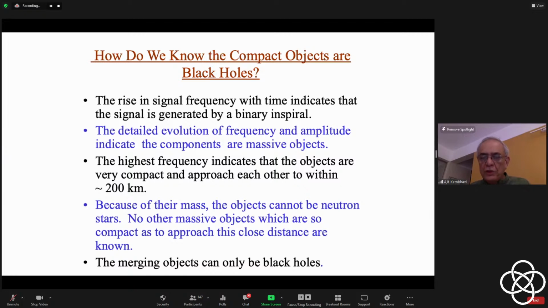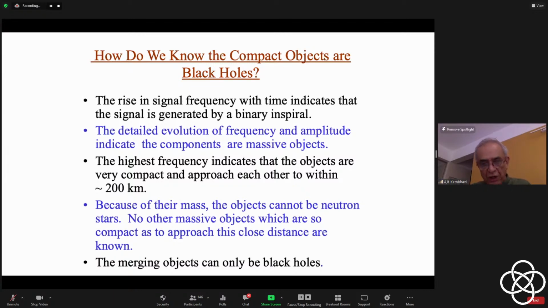Can they move within 200 kilometers of each other? They can't, because the sun has a radius of 700,000 kilometers. If it comes to another star like itself, the stars will just wreck each other. So for the two objects to move so close to each other, they must be very compact objects.